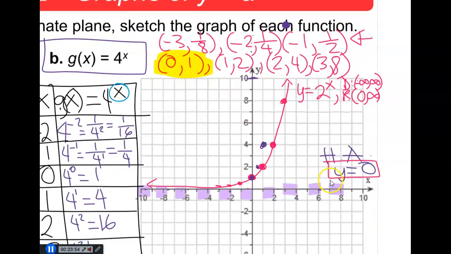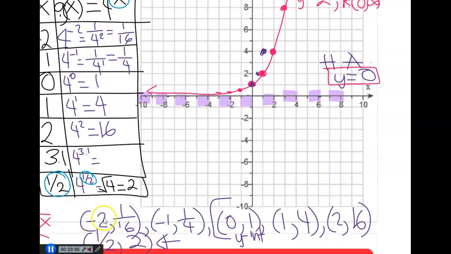All right, and then let's graph the ones with the negative x. So -1, 1/4. So it's like 1/2 of a half, like right there. And then this one here is pretty hard to graph and get a precise point.